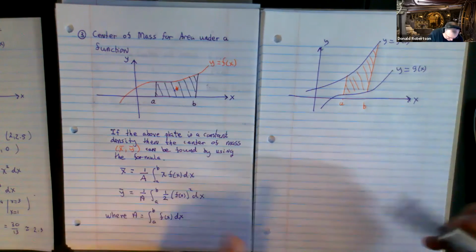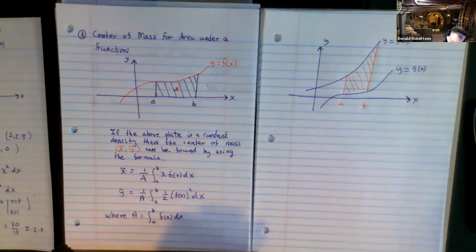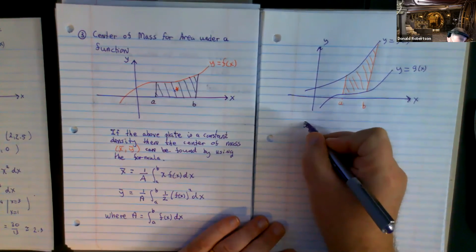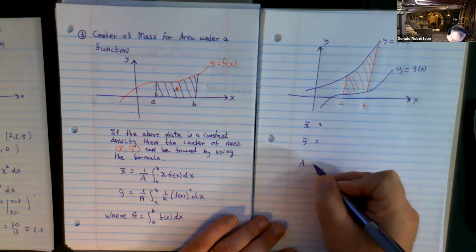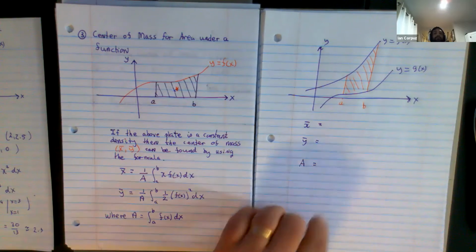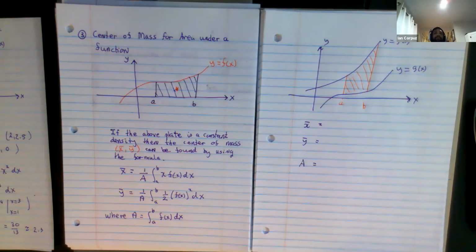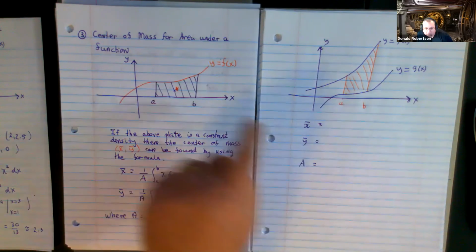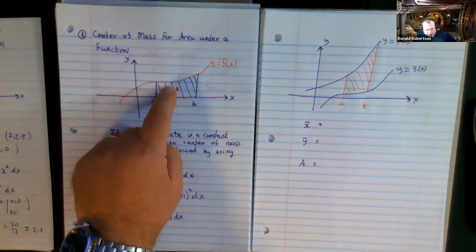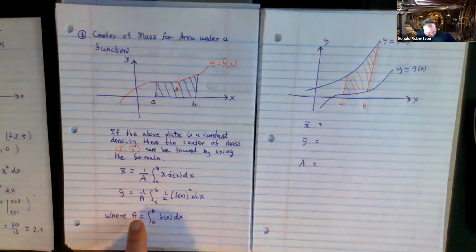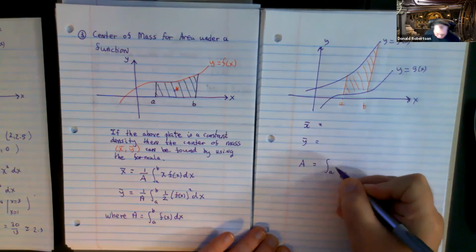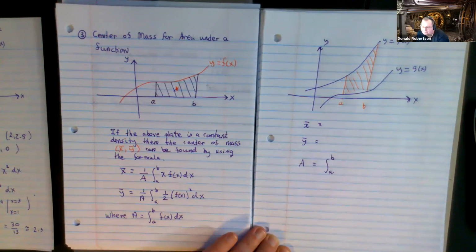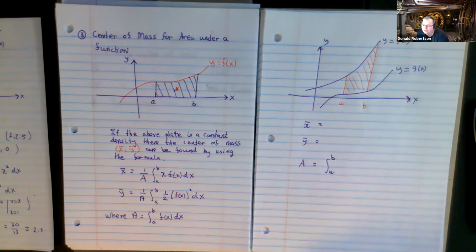These formulas have to be adapted to take account of the new situation. So when it was a single curve and the area under that single curve, A represented the area. This is going to be the integral from A to B. How will it change now that we've got this shape?